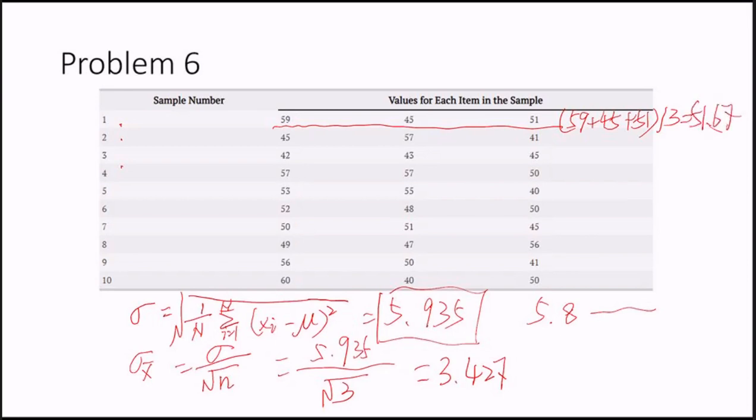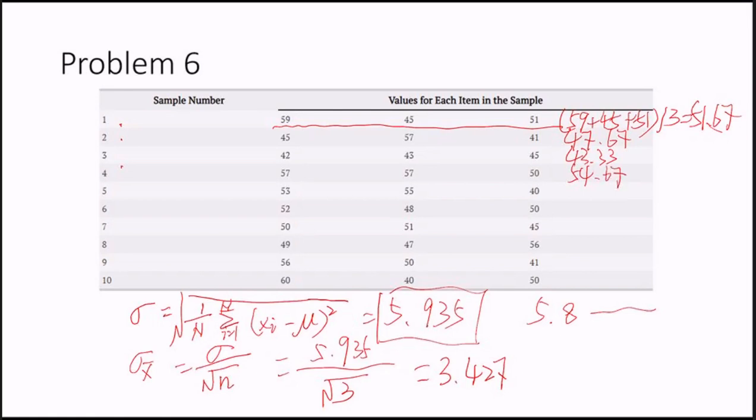And we can use the same way to obtain all the averages here. The average for sample 2 should be 47.67, and for sample 3 is 43.33, and this is the sample average.